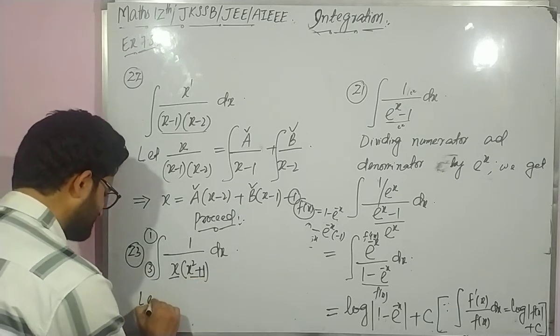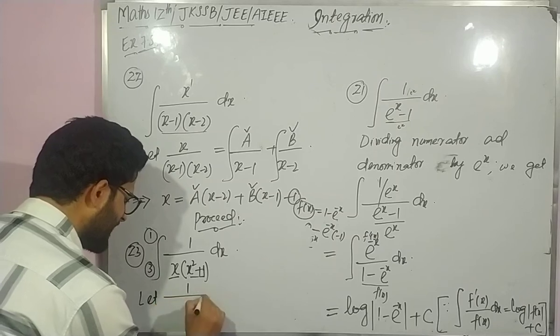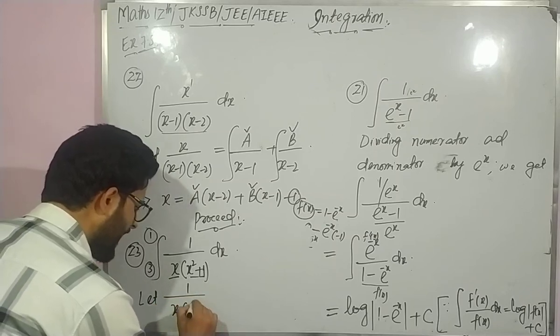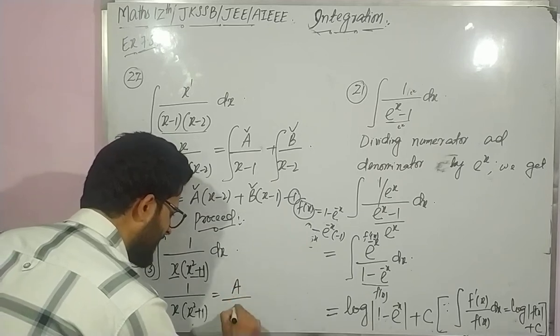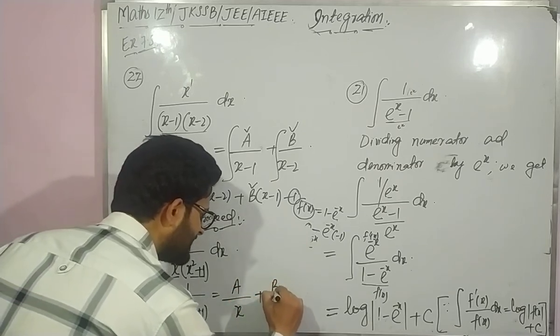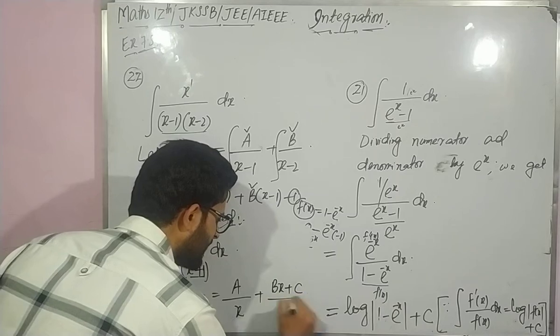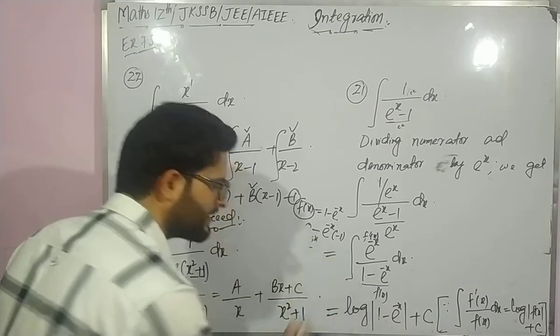So let 1 divided by x into (x square plus 1) be equal to constant a divided by x plus the linear expression (bx plus c) divided by the unfactorized quadratic factor x square plus 1.